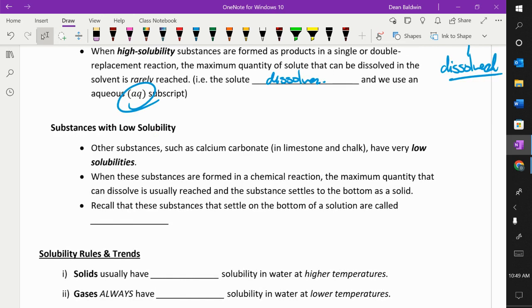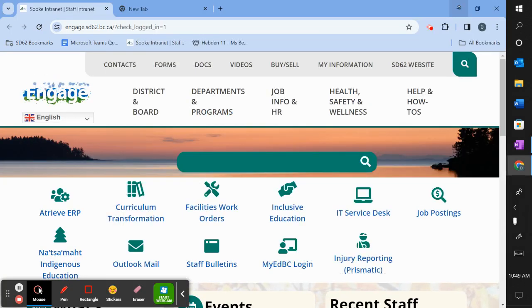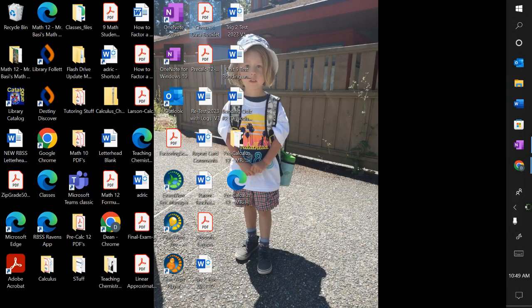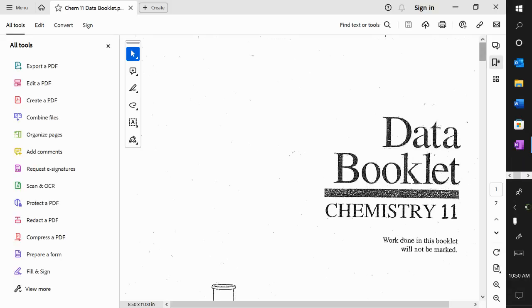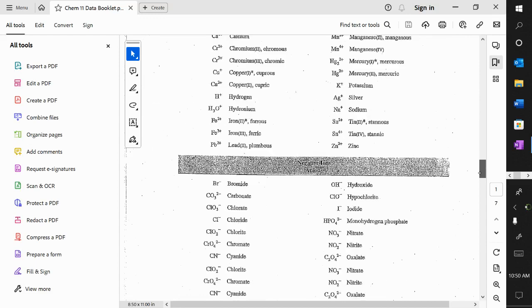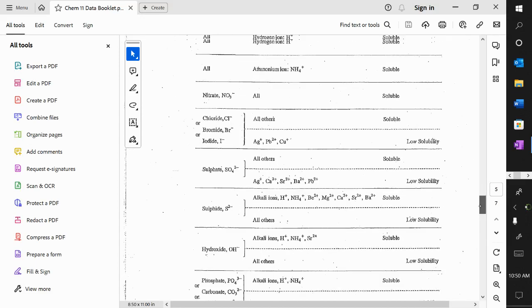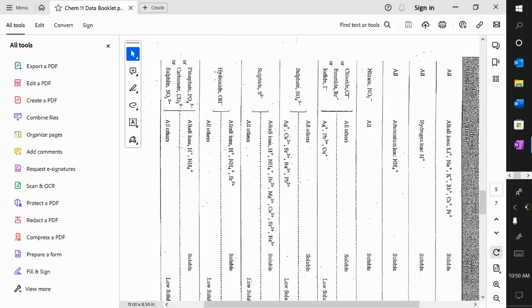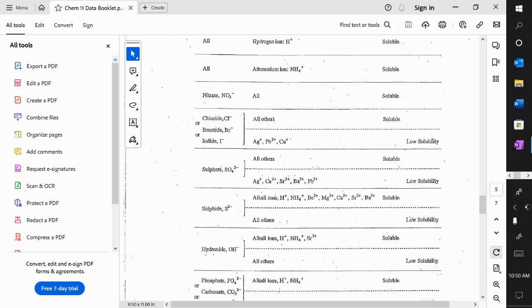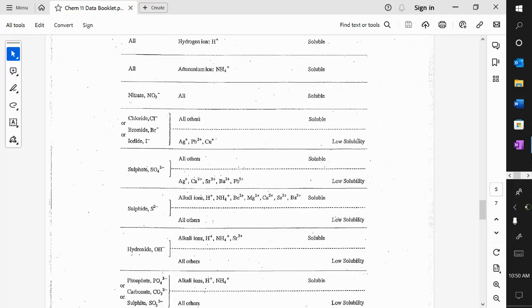Some substances have very low solubility. If you remember back to, I think it was stoichiometry, and you look in your data booklet, we had this table that tells you if you have low solubility.